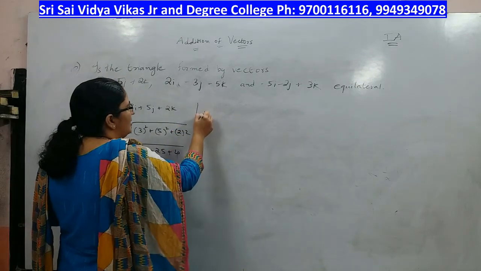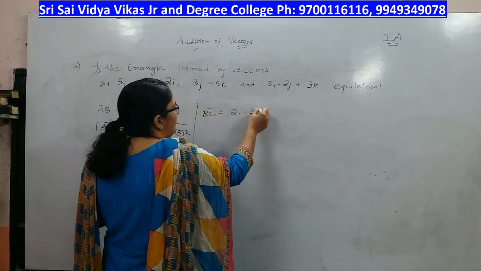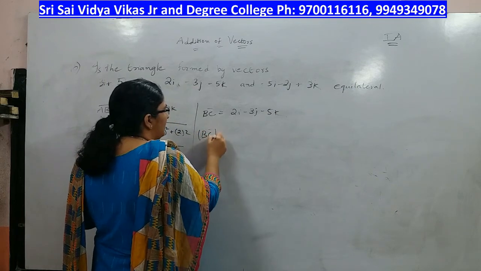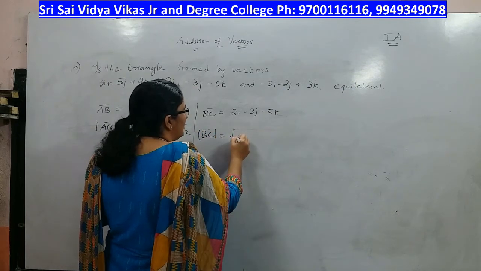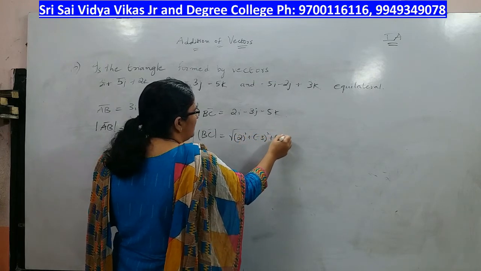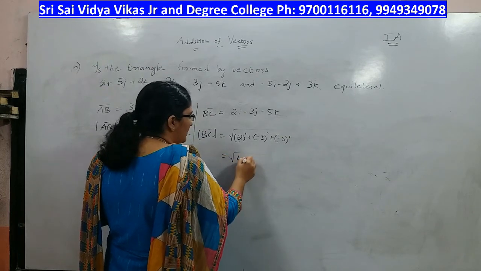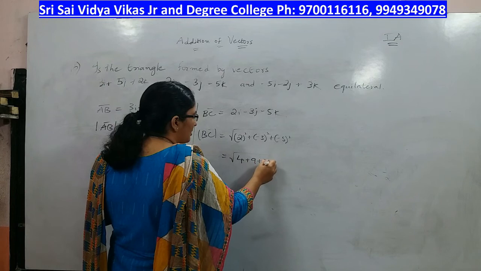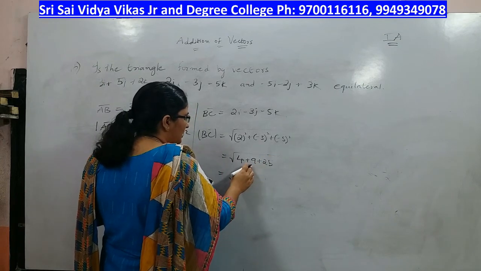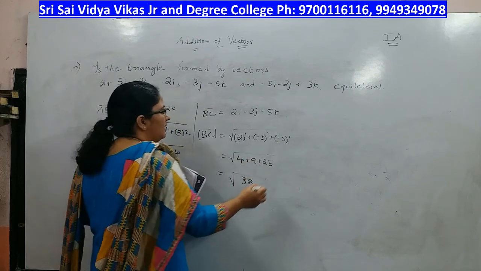Next we will find BC vector 2i minus 3j minus 5k. Modulus of BC is 2 square plus minus 3 square plus minus 5 square, that is 4 plus 9 plus 25, 34, 34 plus 4 is 38, right.